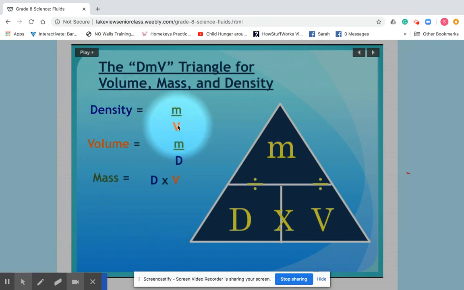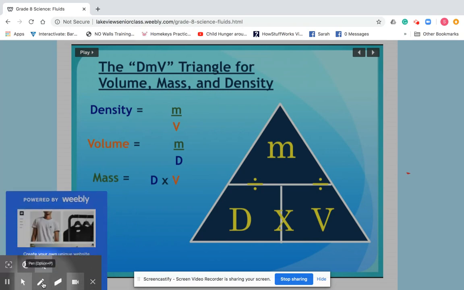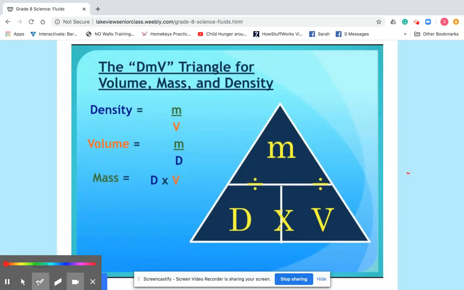And that's what these little letters stand for. The M is for the mass. Okay, and our mass is always going to be written in grams. So we'll write that down as well.